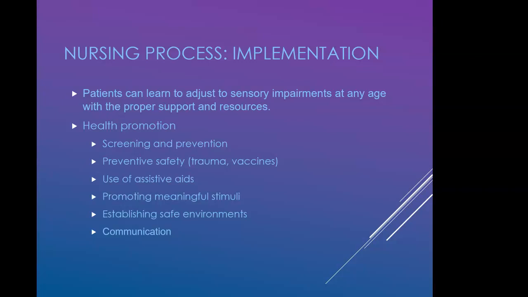Children and adults are vulnerable to eye injuries. Patients with sensory deficits often require the use of assistive aids. Patients who wear corrective lenses, eyeglasses, or hearing aids need to keep them accessible, functional, and clean.